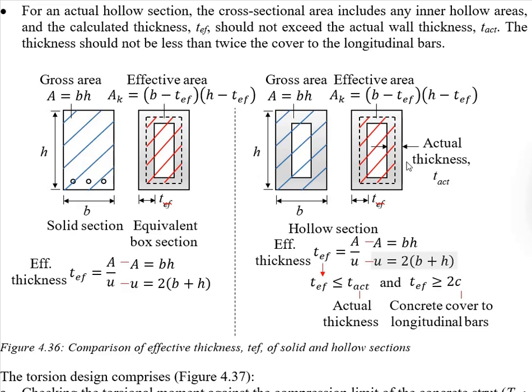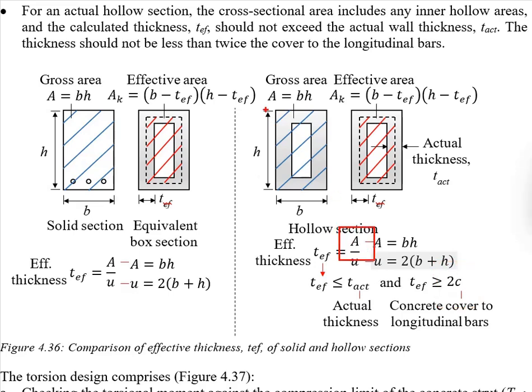Not quite. Basically, the formulas for the effective area and the effective thickness are the same, except that there are additional considerations related to the actual thickness of the hollow section. On top of the basic calculation to determine the effective thickness, which is the ratio of the gross area divided by the perimeter, you need to compare the calculated effective thickness against the actual thickness and also the concrete cover.